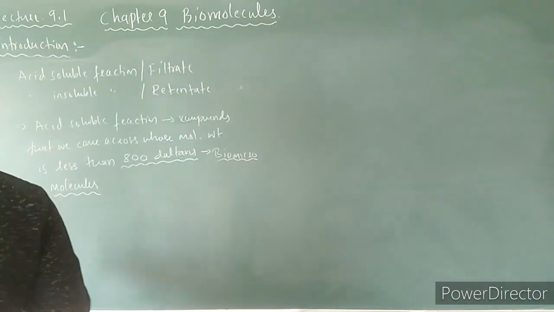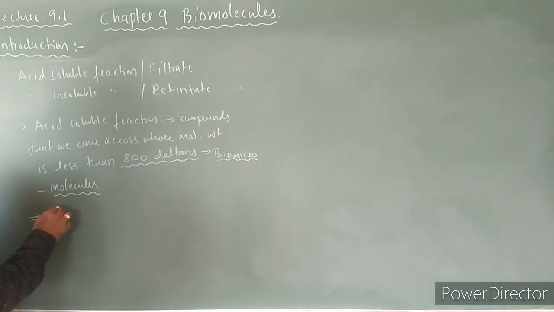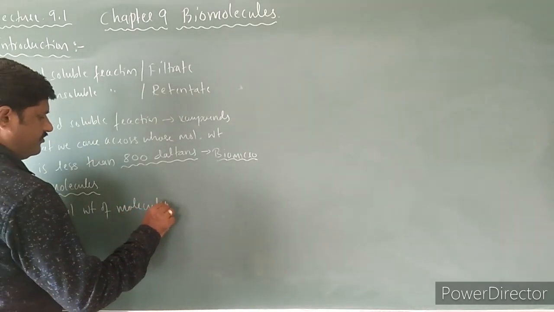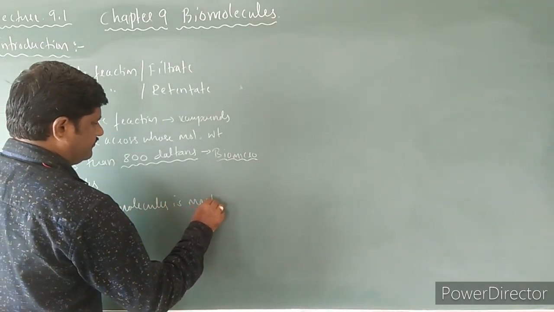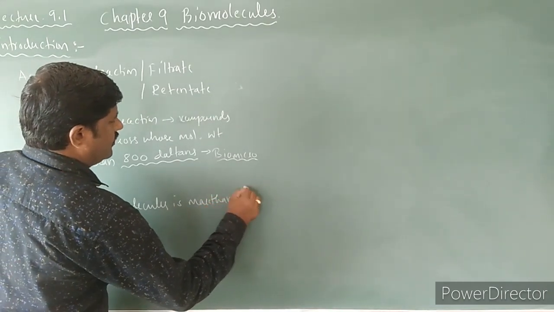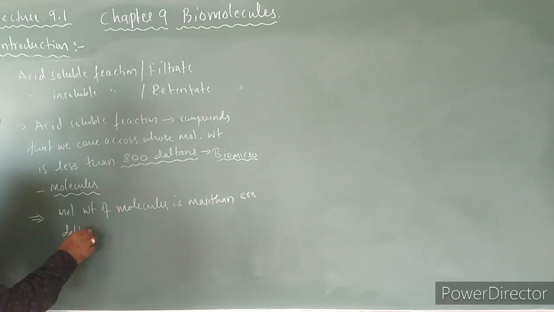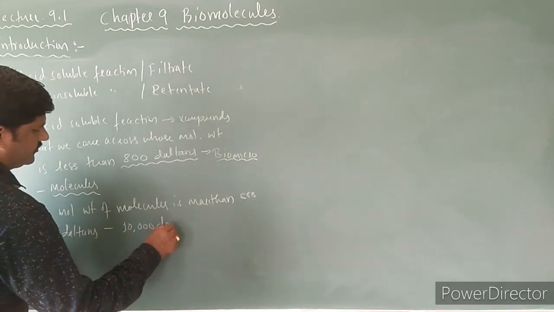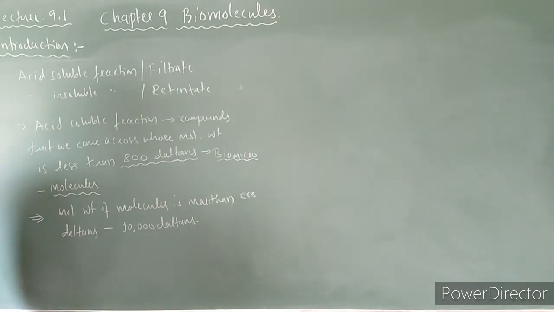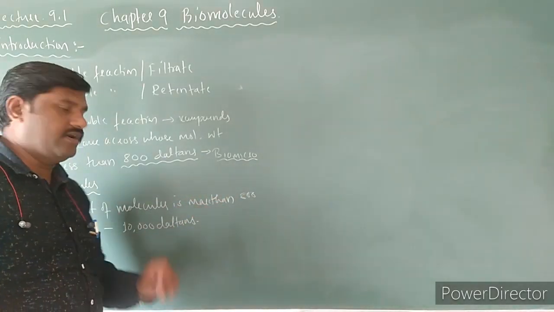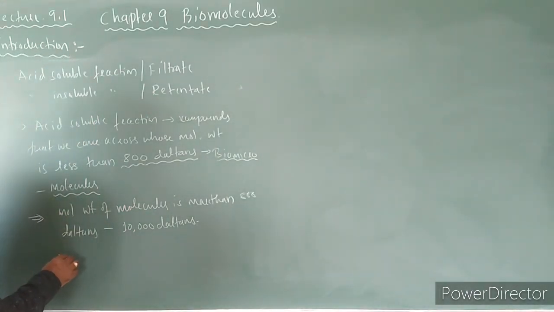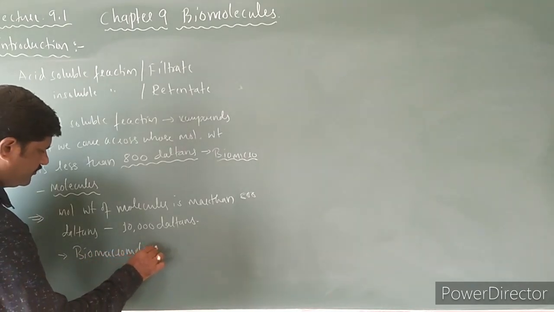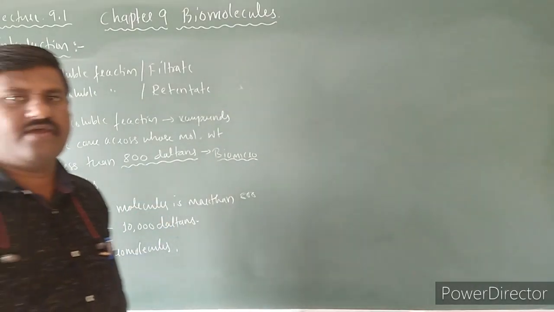And the next one: if the molecular weight of molecules is more than 800 daltons, up to 10,000 daltons, such kind of molecules are called biomacromolecules.